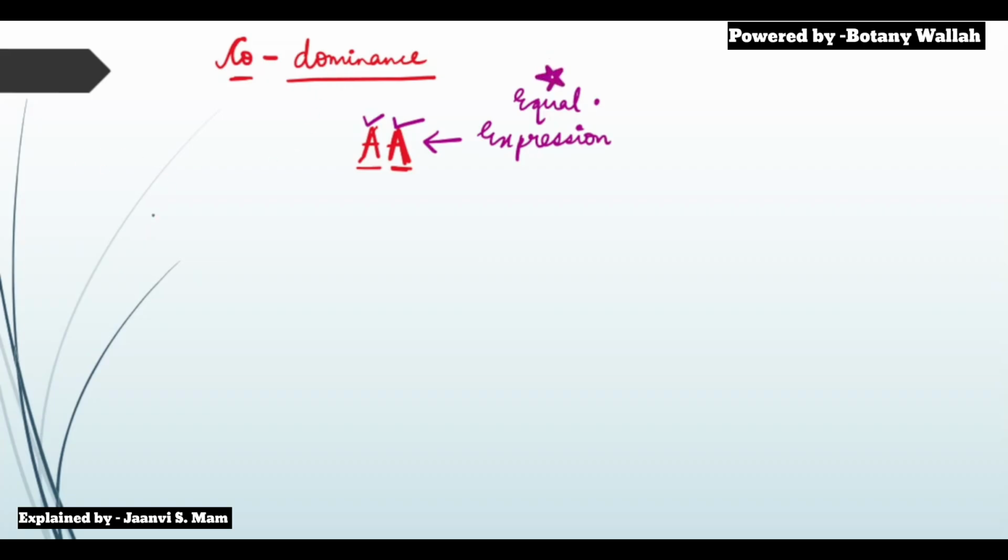Both alleles will show equal expression in the F1 hybrids. They will coordinate with each other and express equally in the F1 generation.